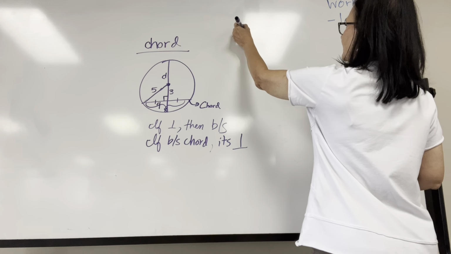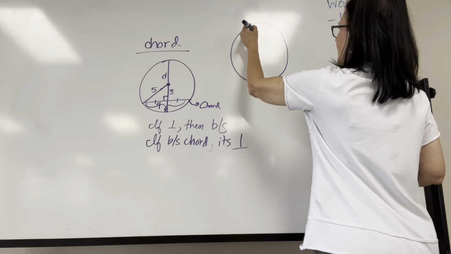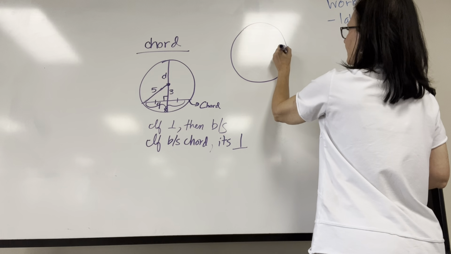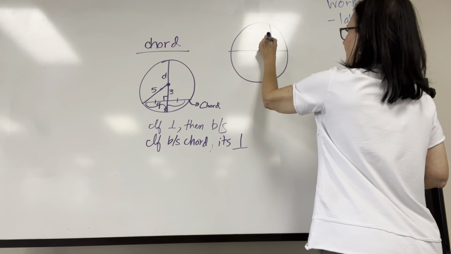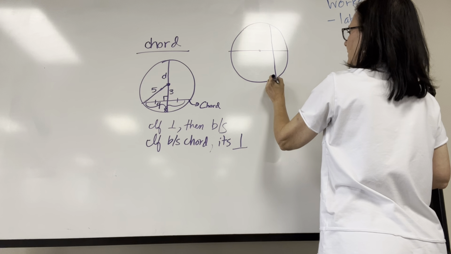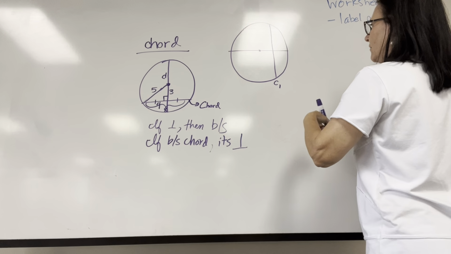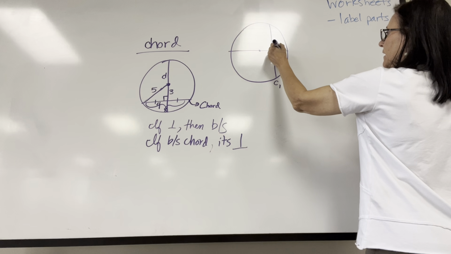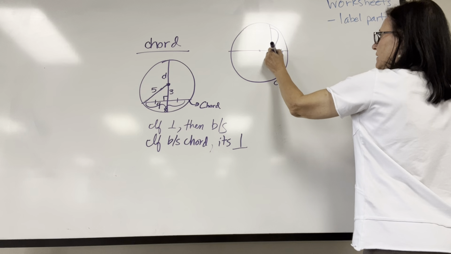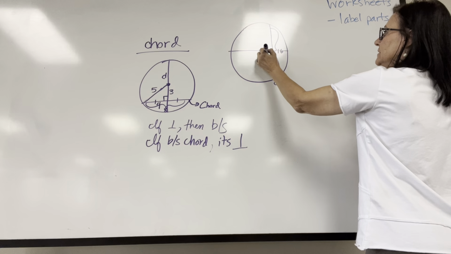All right, so now let's do a different one. Here's the diameter. We'll do a chord. We'll call that chord 1, though they don't label chords. But we'll say this whole length is 16, and this length is 6.